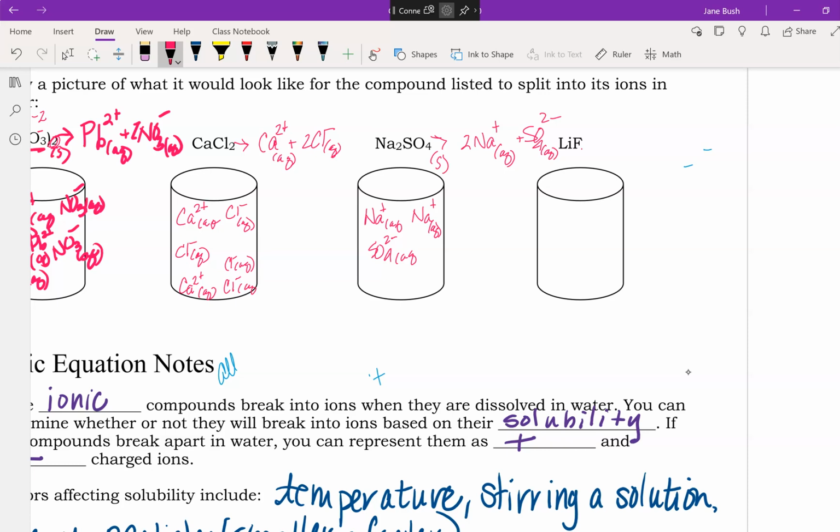And the next one, lithium fluoride, is going to break into lithium ions and fluoride ions. Is that SO8? SO4, I think. Sorry.